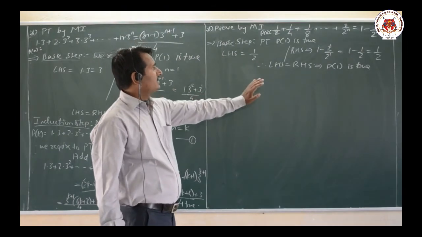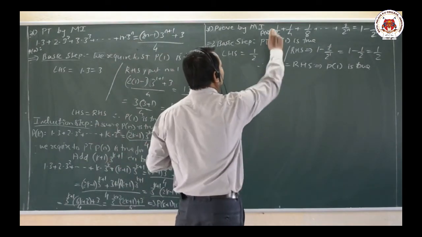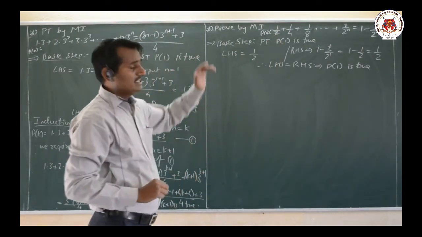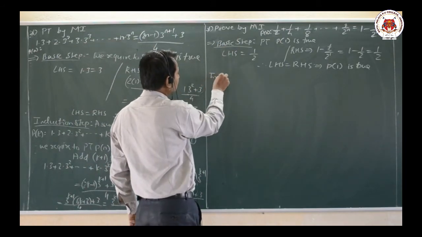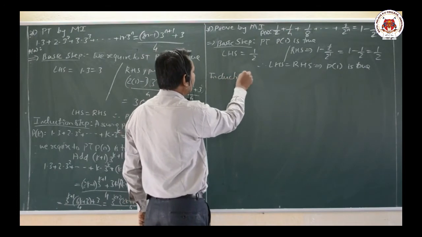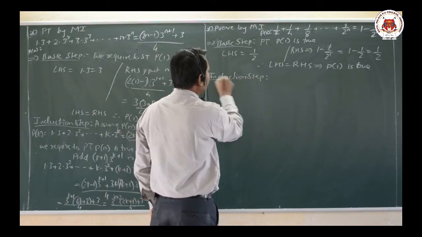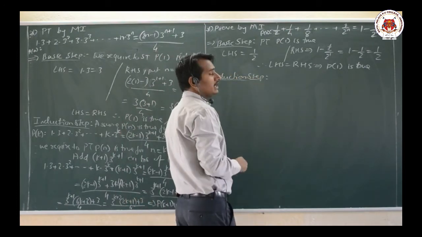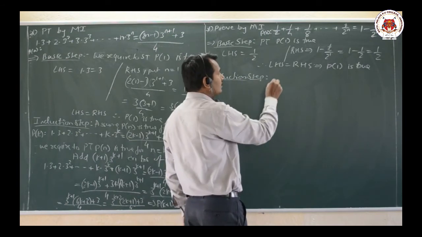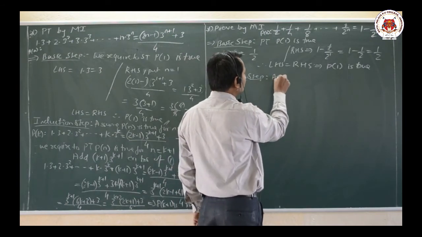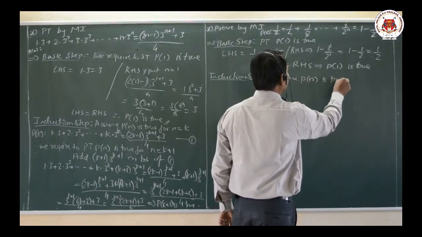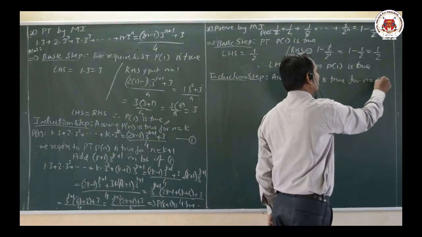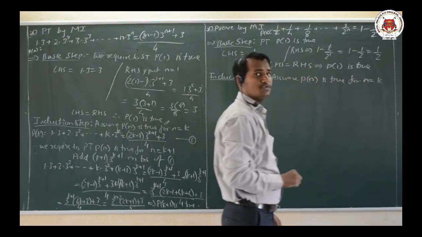This is the first half part. Then the next half part is the induction step here. In this induction step, we require to show that P of n is true for n equal to k plus 1, or else first of all assume that P of n is true for n equal to k.